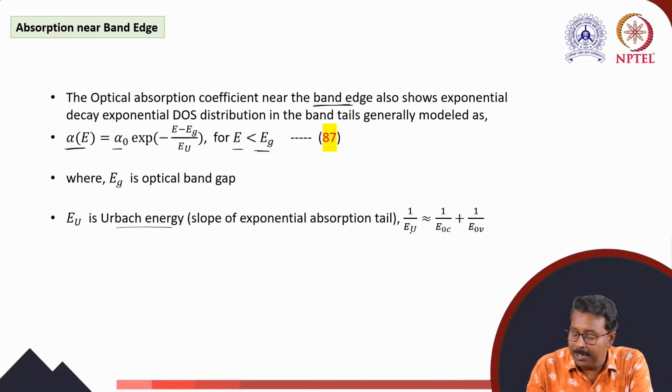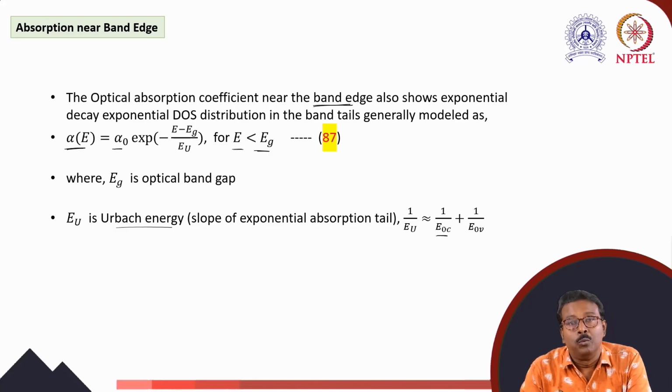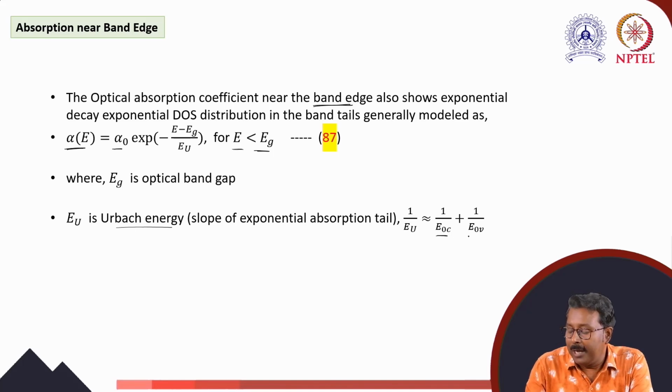And this is the slope of the exponential absorption tail. It can be obtained by an inverse relationship: 1 by Eu equals 1 by E0C plus 1 by E0V, that is the tail width for conduction band tail states and the tail width for valence band tail states.